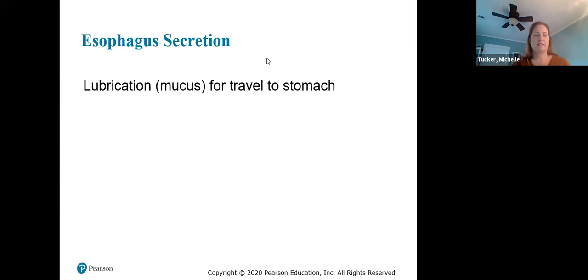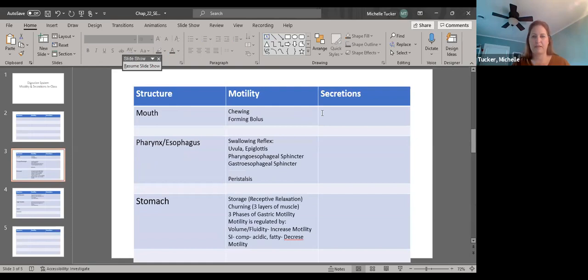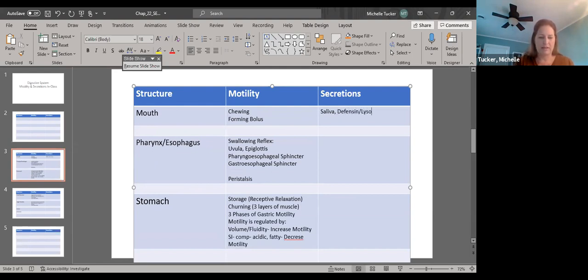The esophagus doesn't secrete much. There is some mucus. We're going to go here. So for the mouth, the secretions are saliva, know those components, as well as things like defensins, lysozyme, and then salivary amylase.